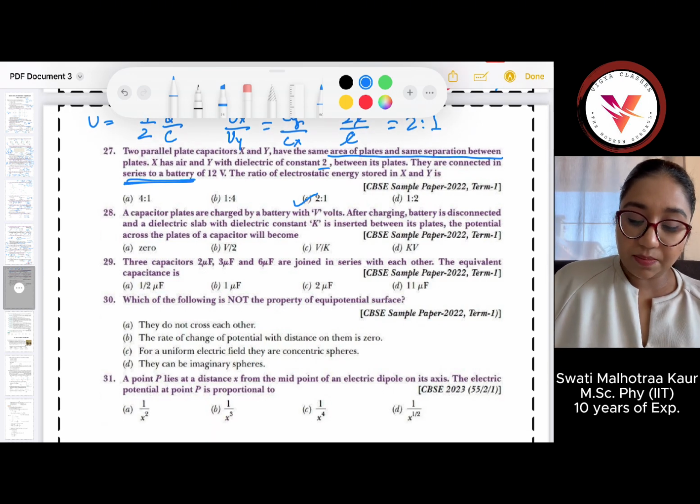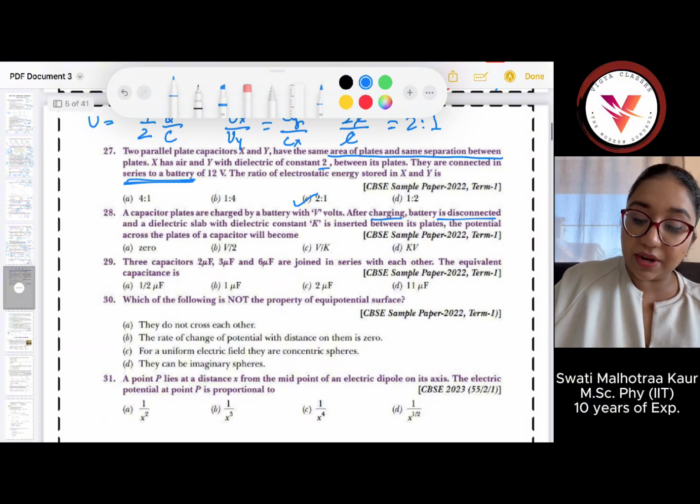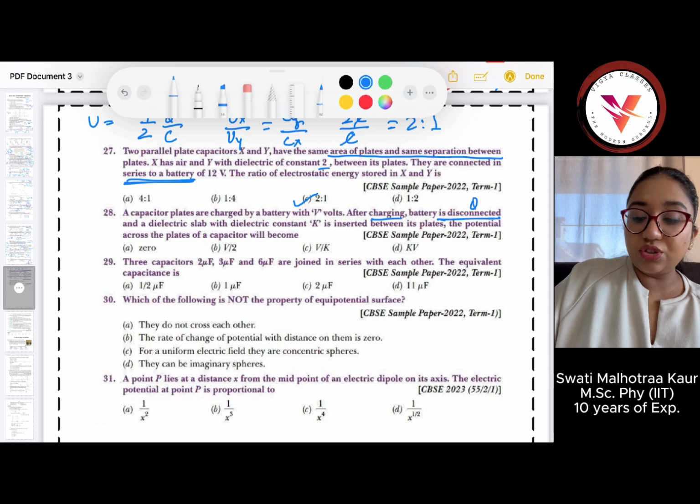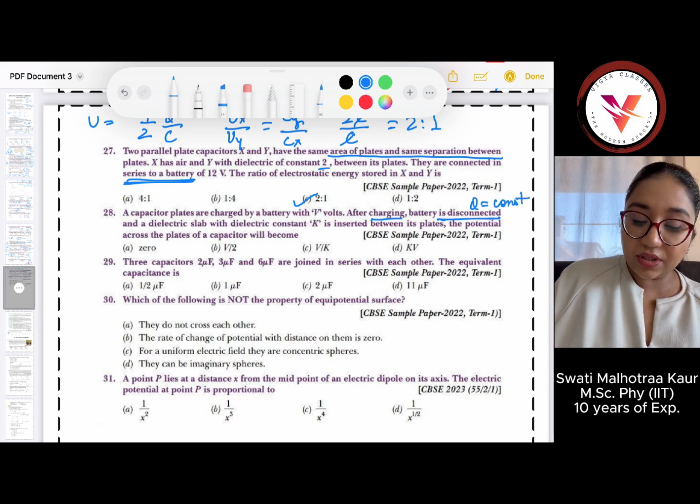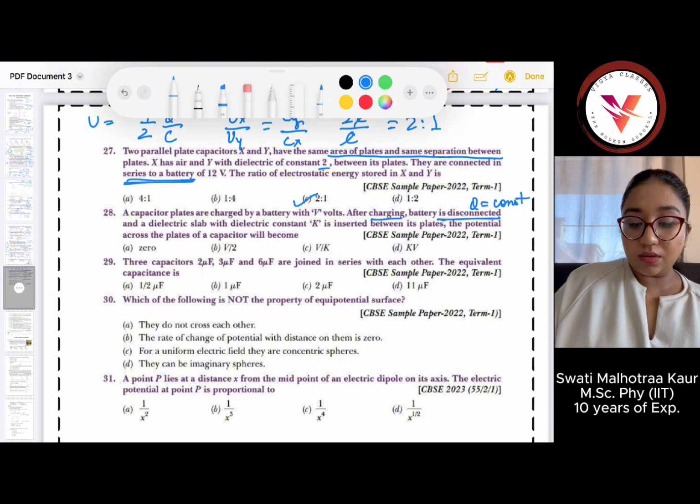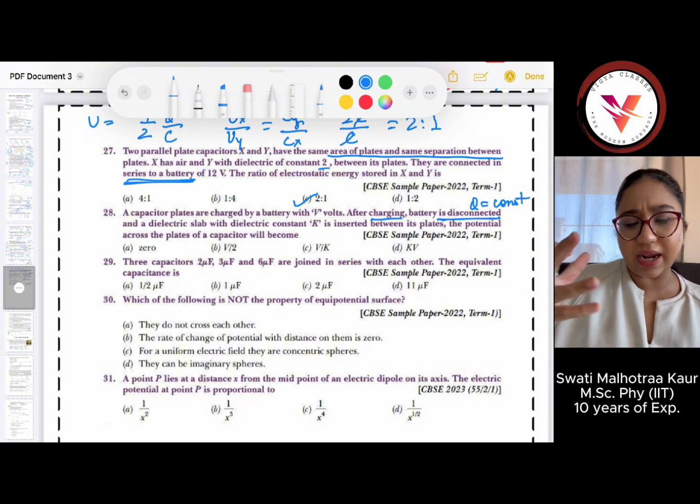Next, a capacitor's plates are charged by a battery of V volt. After charging, the battery is disconnected. That means Q is constant. Now a dielectric slab with dielectric constant kappa is inserted between the plates. The potential across the capacitor? See, if dielectric constant kappa is added, then you can remember that table.